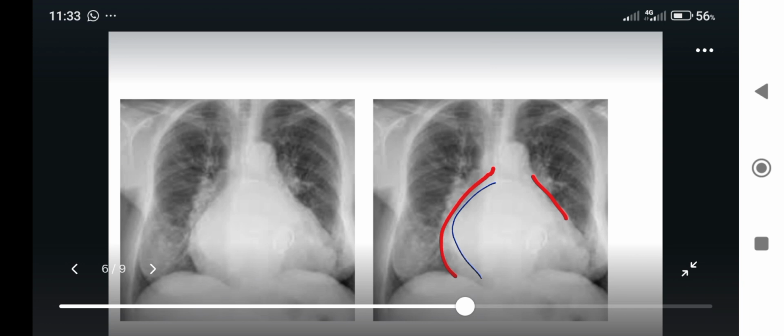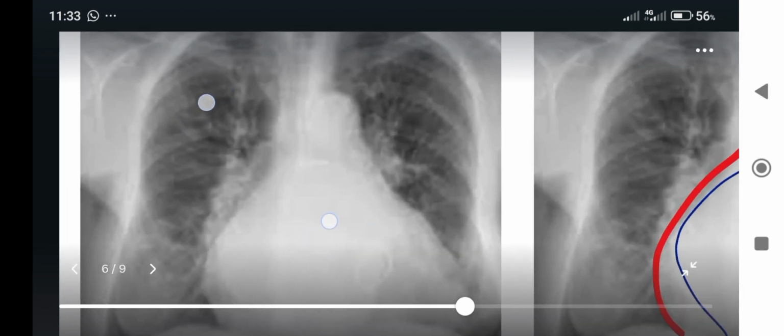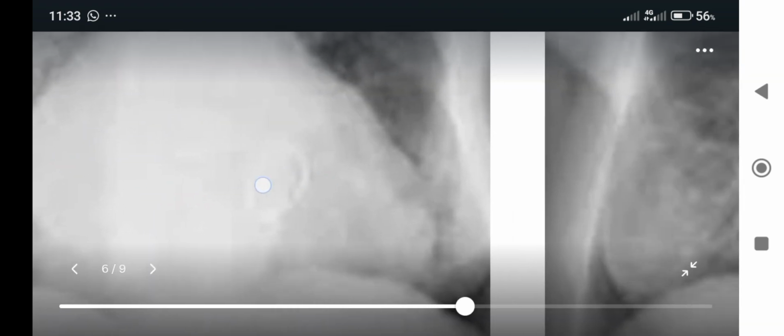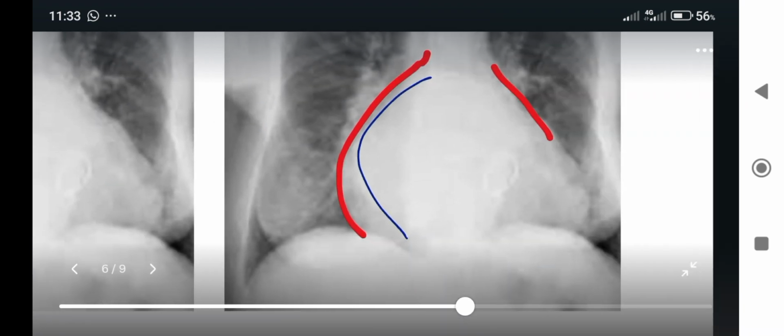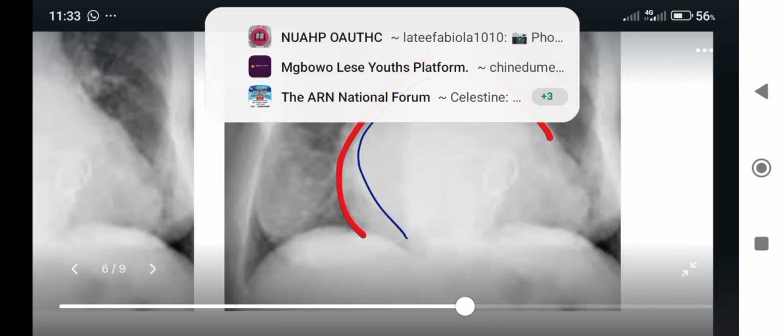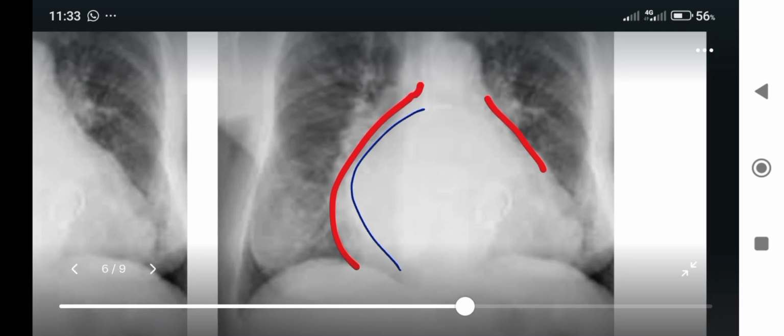Then you look at the double wall signs. If you look closely, you see there is a double wall sign here. You see the density is different. So I illustrated it here so that you can compare the two images and be able to determine these signs.